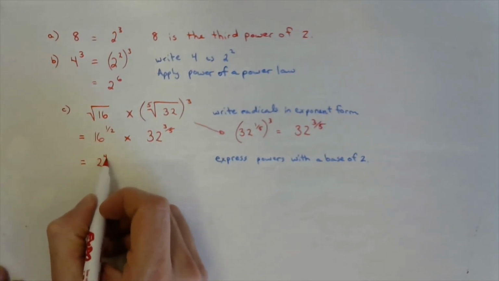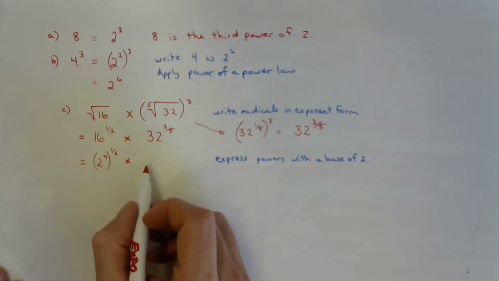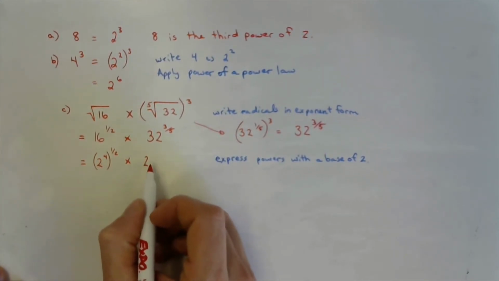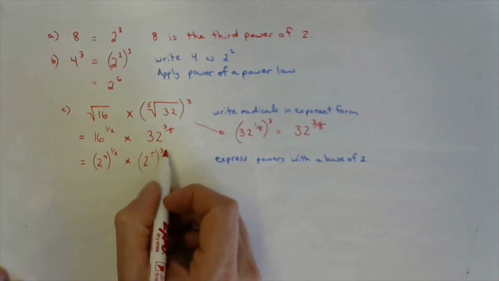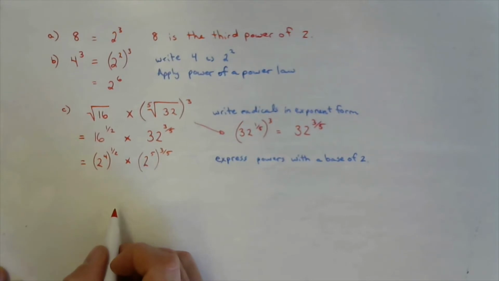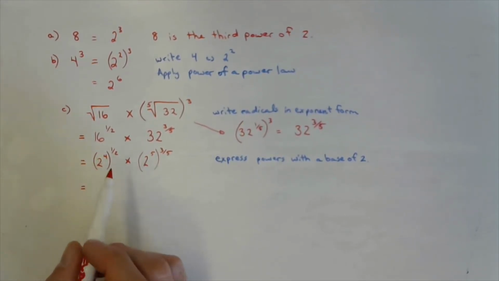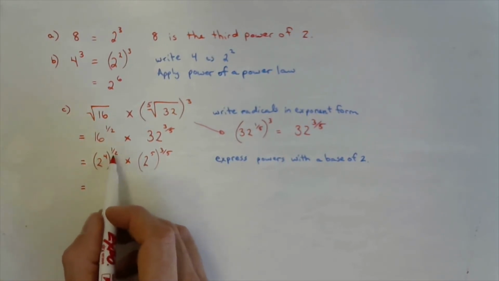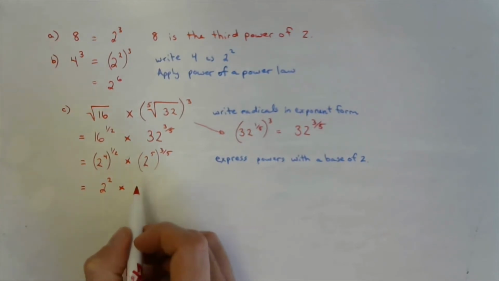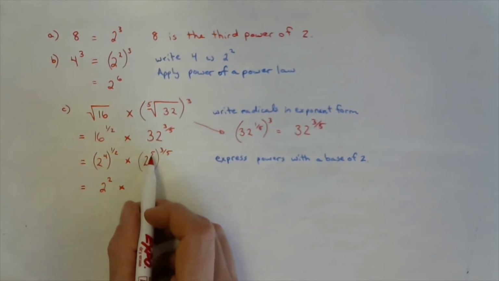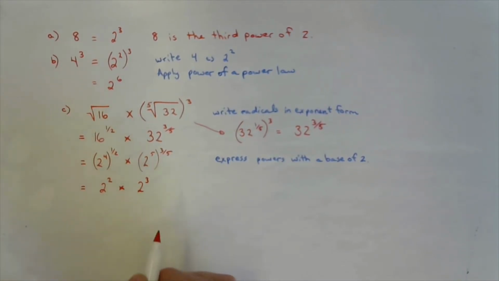So we've got 2 to the power of 4 to the power of 1/2 times 2 to the power of 5 to the power of 3/5. As you're doing this as practice problems, you can knock off some of these steps. So 4 times 1/2 is 2 to the power of 2, multiplied by 2 to the power of 5 times 3/5, which is just 3. So we've got 2 to the power of 3.